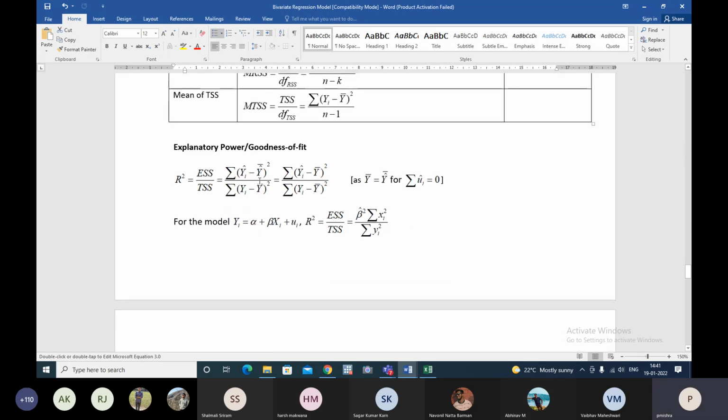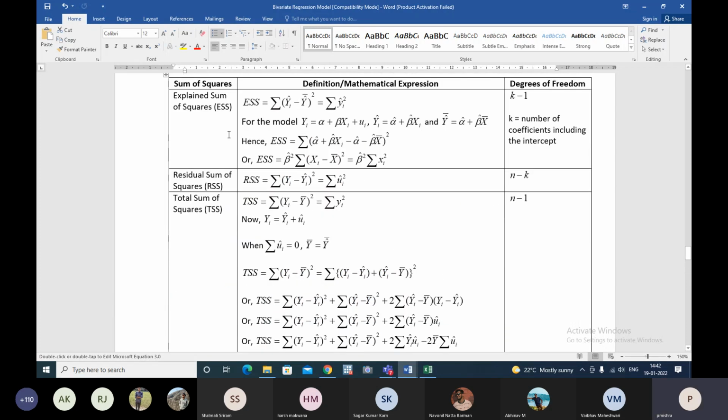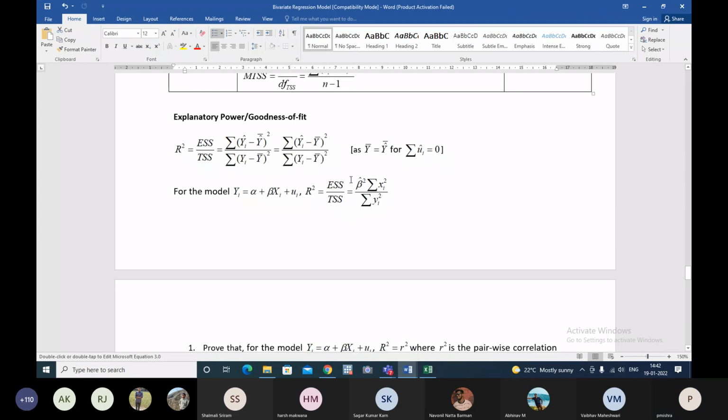Now this R square, for a bivariate model, this R square value, which is nothing but the ratio of explained sum of squares to total sum of squares, can be rewritten like this. Because for a bivariate model, we have already derived that ESS is equal to beta hat square into summation of small xi square. So if you just replace, I can rewrite it like this.